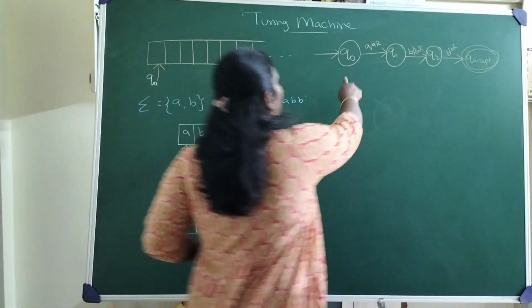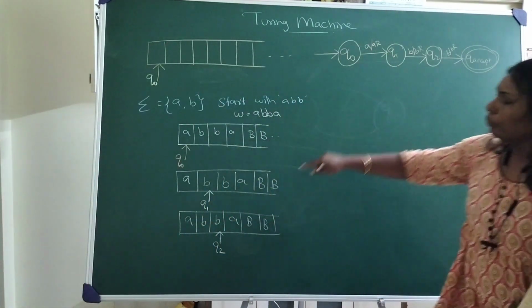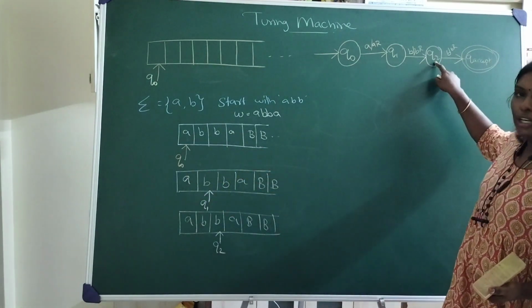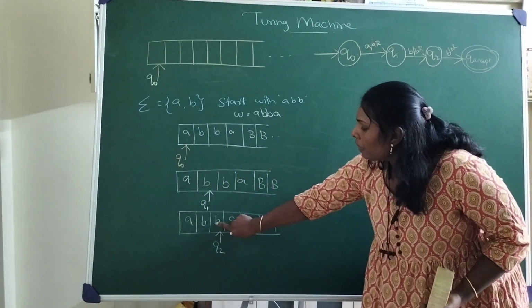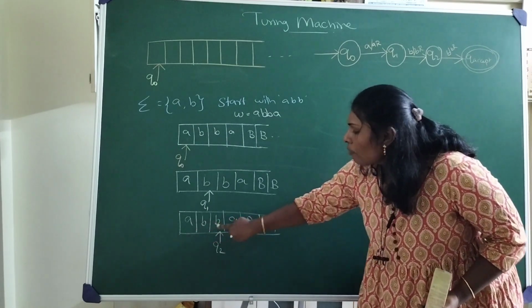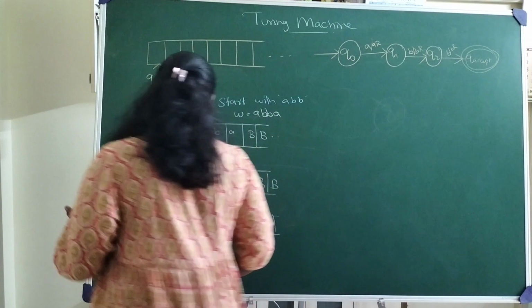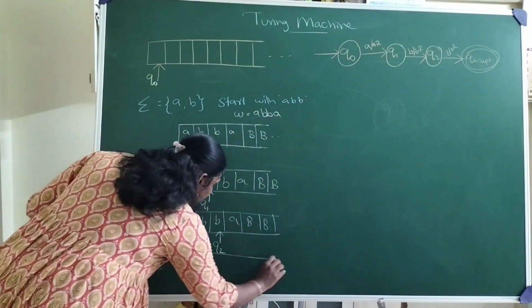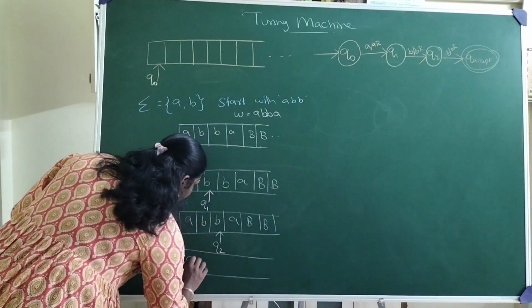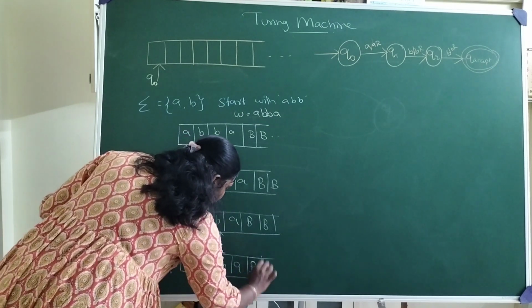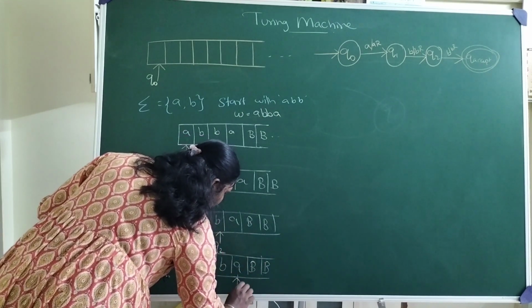Okay, so in Q0 when the input is A, I make a transition to Q1. And in Q1 when the input is B, I make a transition to Q2. And in Q2 when the input is B, the input starts with ABB. It is in proper order, so we can go for an acceptance criteria over here. The last step here is I can draw a transition like this. A, B, B, A, B, B. I can move right.